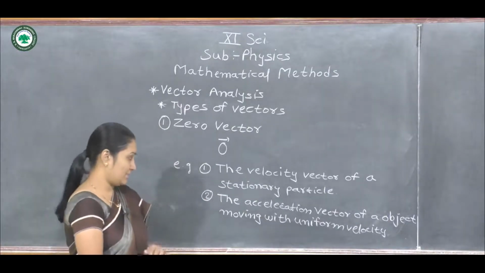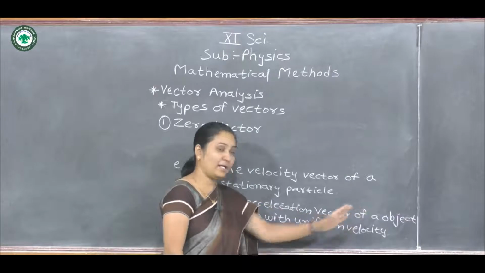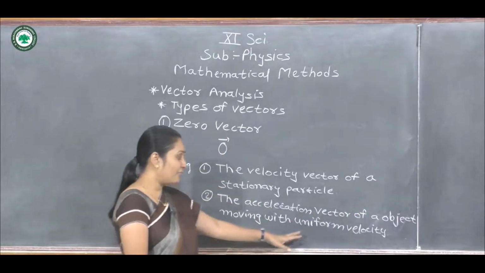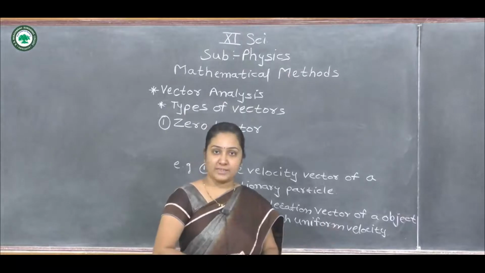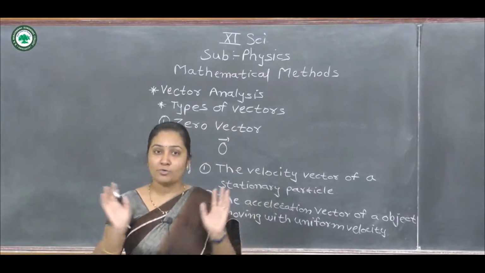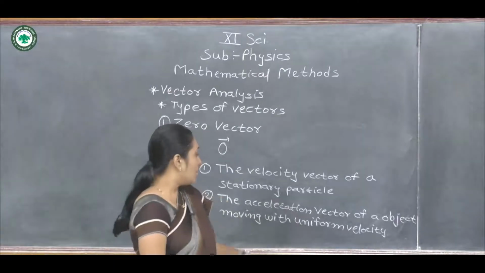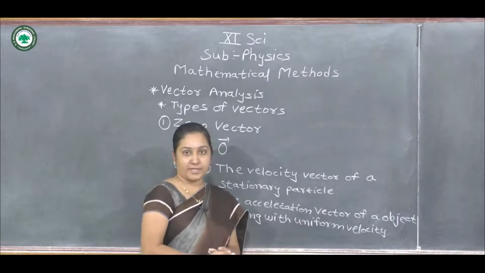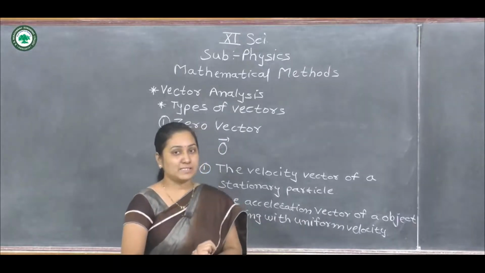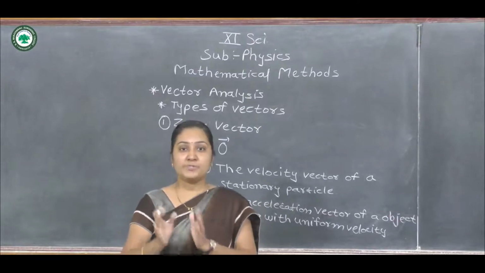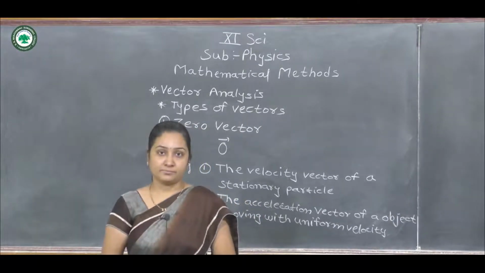Suppose there is an object moving with uniform velocity, that means velocity is constant throughout its movement. If we find the acceleration of this object, acceleration is nothing but the rate of change of velocity.